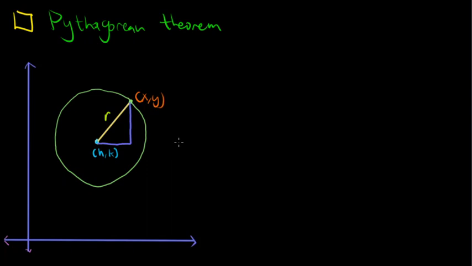Now, alam natin na para mahanap ko itong hypotenuse, which is opposite side of the right angle, right here, kailangan malaman ko yung sum ng square nitong side na to at nitong side na to. Kasi, ang sum daw nun is the square of this side. That's basically the Pythagorean Theorem.